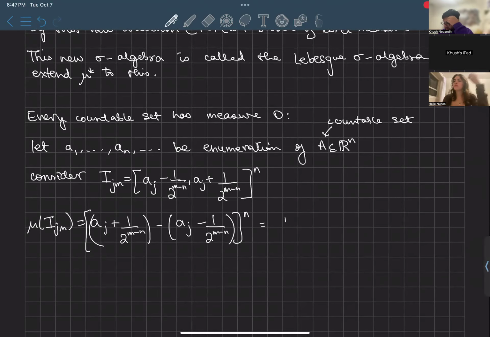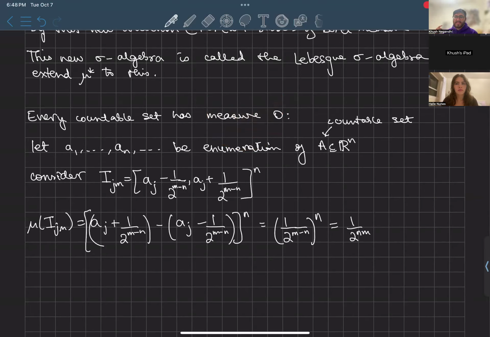And if we add this up, we get 1 over 2 to the m minus n to the power of n, right? But if I write this out, I just get 1 over 2 to the m, right? Because I should get m times n.